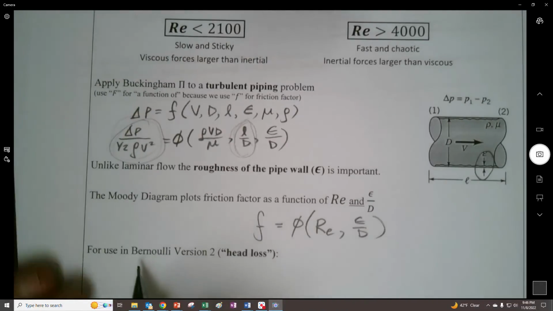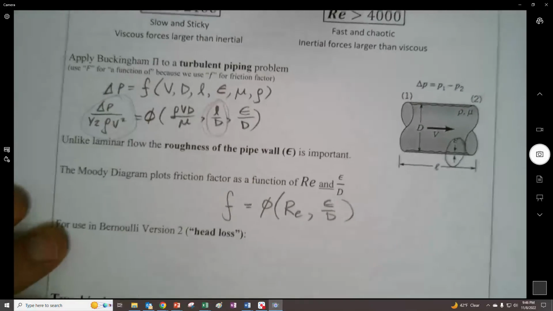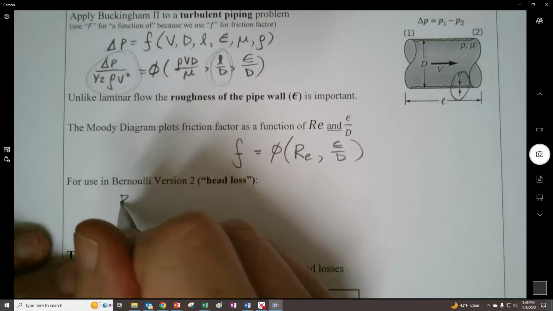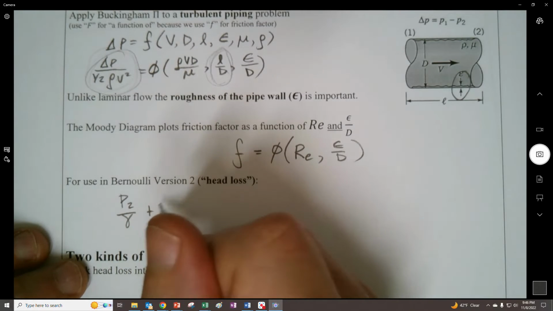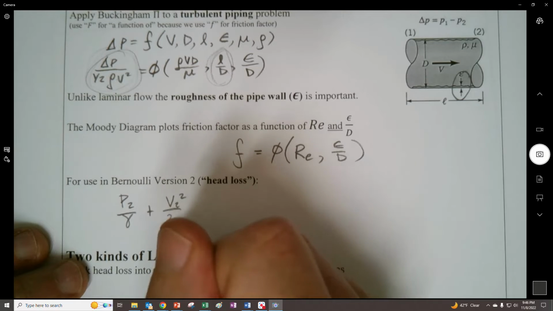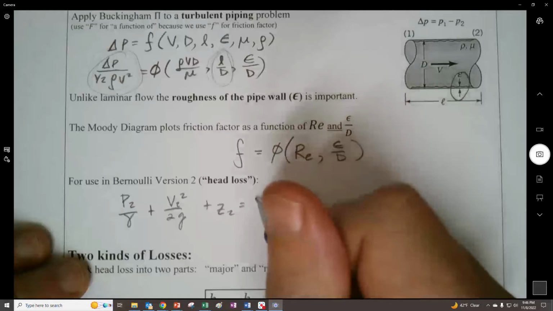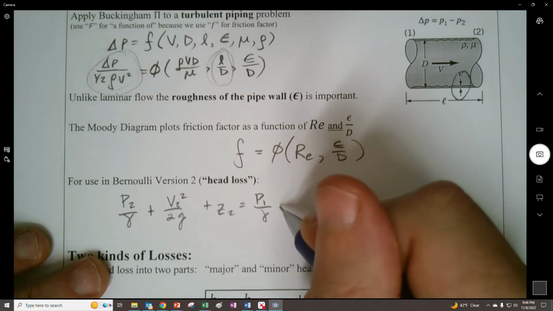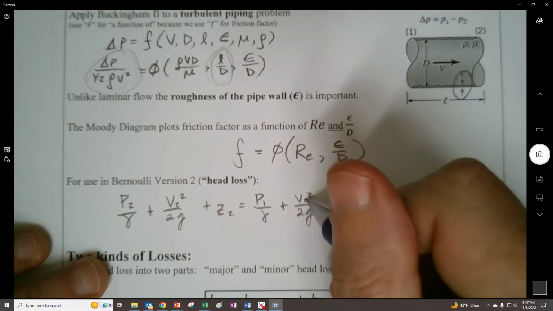And we can use this head loss in Bernoulli 2, so that's typically what we'll do. So we have P2 over gamma plus V2 squared over 2g plus Z2 is going to be equal to the initial, which is 1.